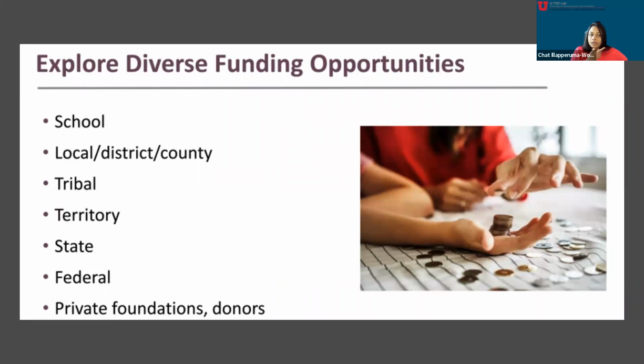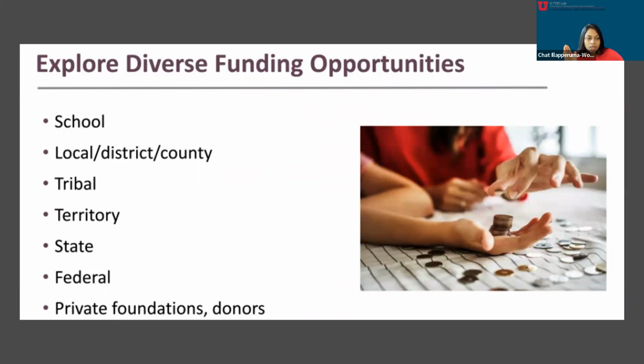So when we talk about regularly monitoring funding opportunities, we want to, of course, explore diverse opportunities, again, all the way from the school level to the federal level, to public and to private.